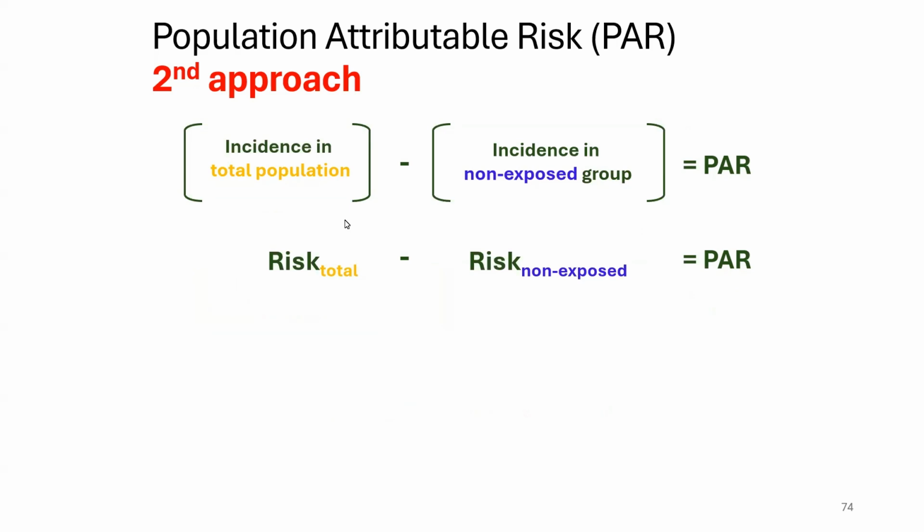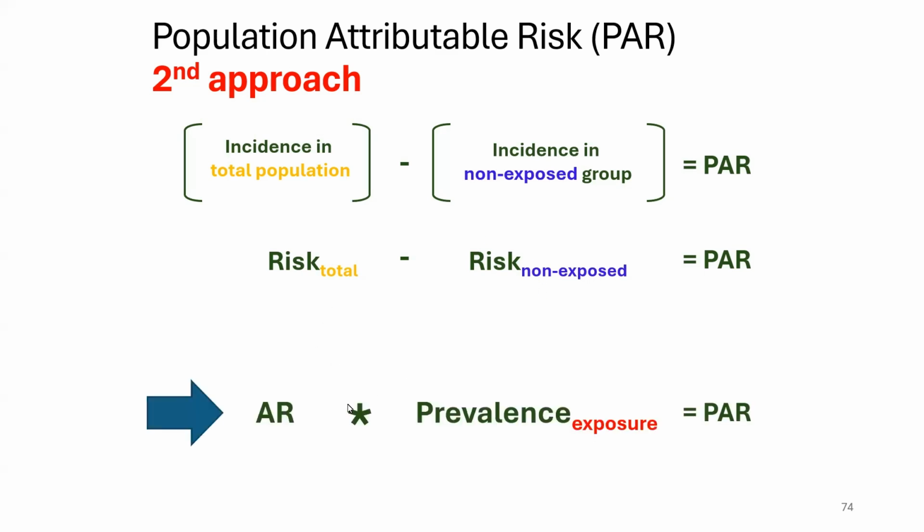So there are multiple approaches to this. So here is a second or alternative approach to calculating population attributable risk. So in this case, we can estimate the risk in the total population and the risk among the unexposed.